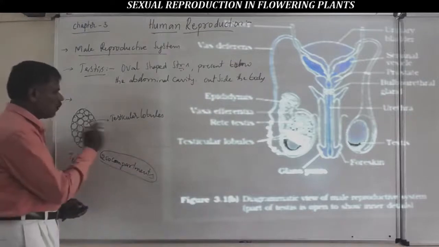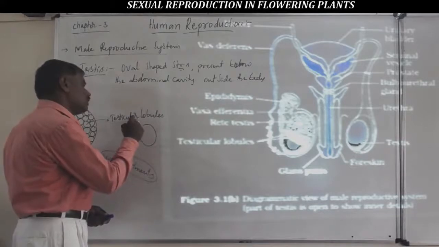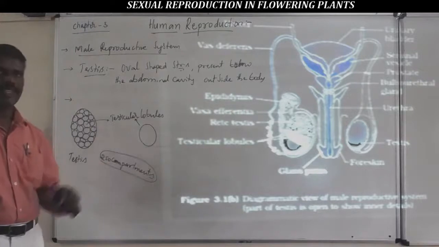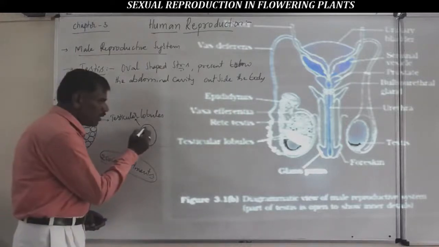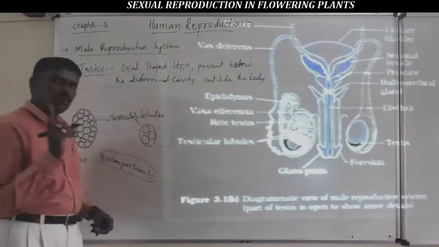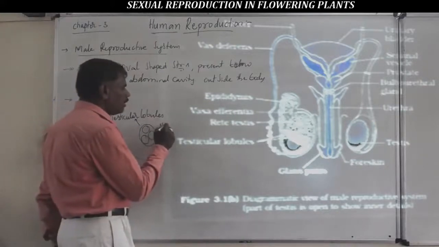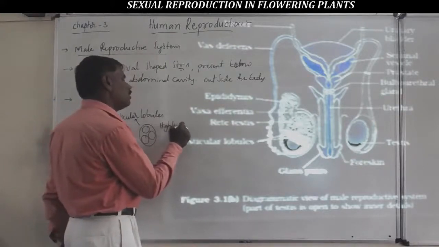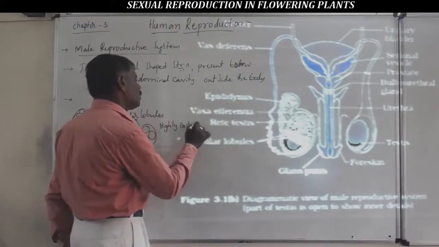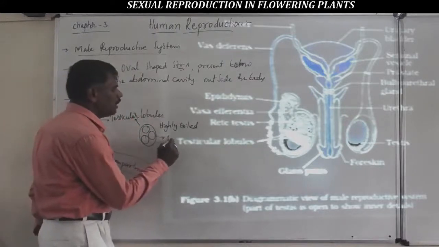So let us draw one of the testicular lobules. Each testicular lobule consists of 1 to 3 highly coiled structures called seminiferous tubules. One of these we call a seminiferous tubule.